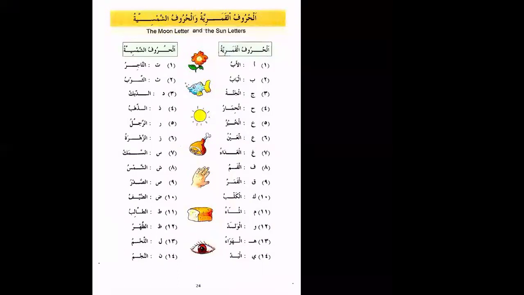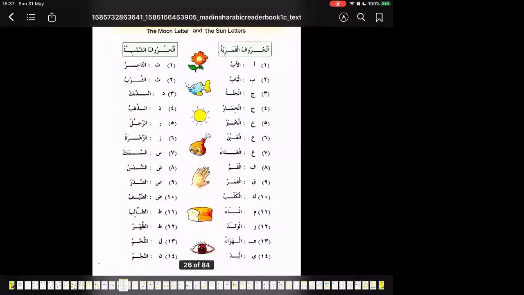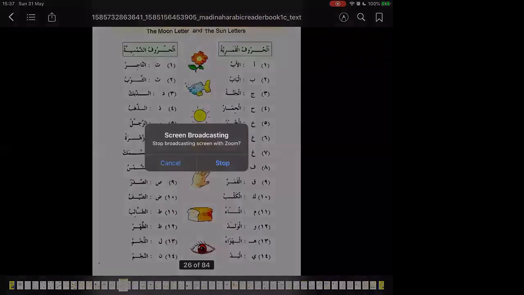So even though it's written exactly the same, it's going to be pronounced differently. So on the right hand side, we have huruf al-qamariyya. If we look at them, we see that huruf al-qamariyya are 14 and huruf al-shamsiyya also are 14.